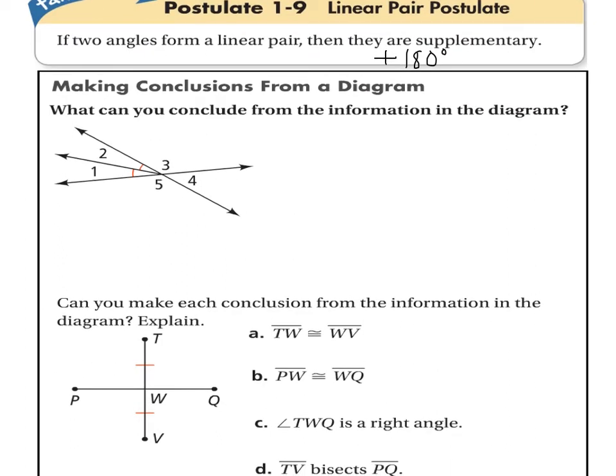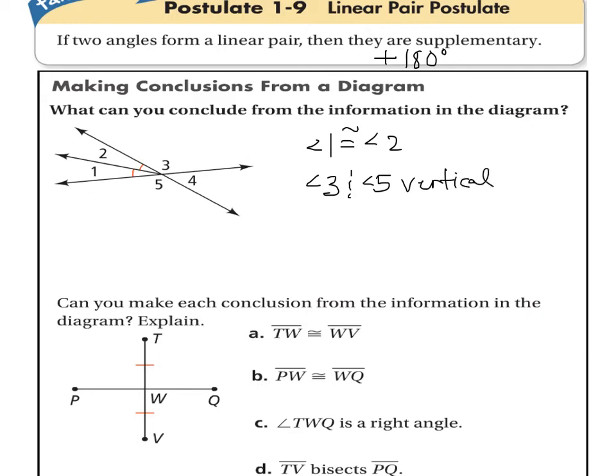So as we look at some examples here, it says, what can you conclude from the information in the diagram? Well, I've got a couple things that I can conclude. Now remember, there are certain things that we can conclude that have to have markings and don't have markings. For example, I know I can conclude that angle 1 is congruent to angle 2 because, again, they have the markings here. Those two guys are equal. Okay? I can also conclude vertical angles. So angle 3 and angle 5 are vertical.